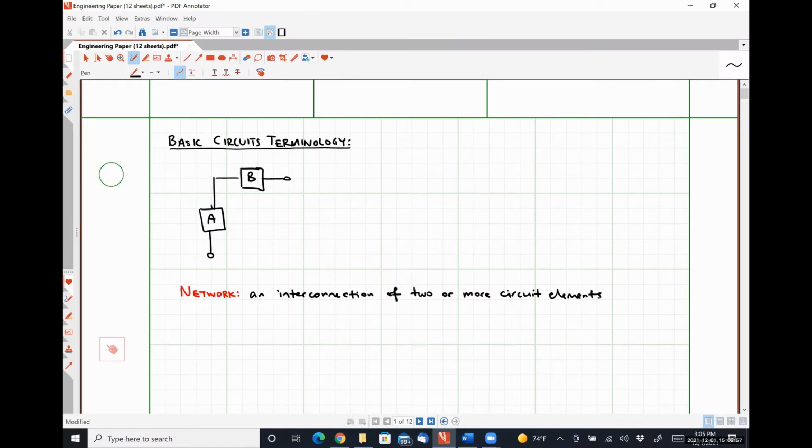All right. So where these circuit elements are connected together, or where their terminals overlap, if you will, that's what I'm going to call a node.